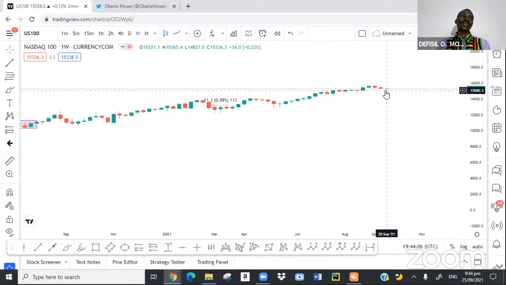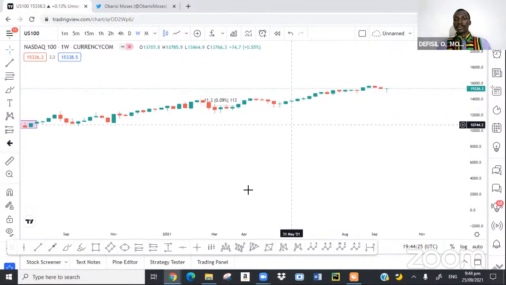Now, what does a doji mean? It's a trend reversal candlestick pattern. It's reversing from a downtrend to an uptrend.